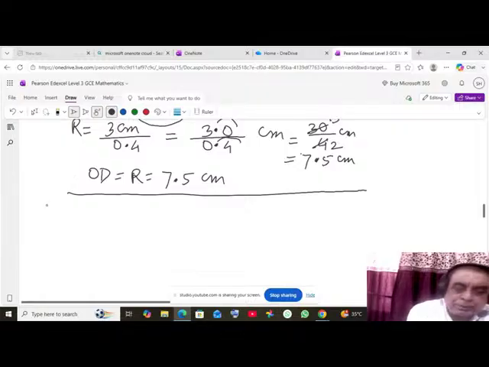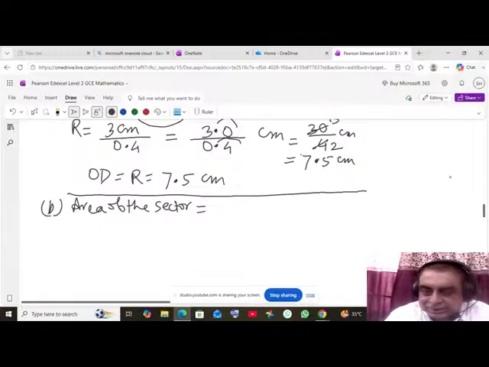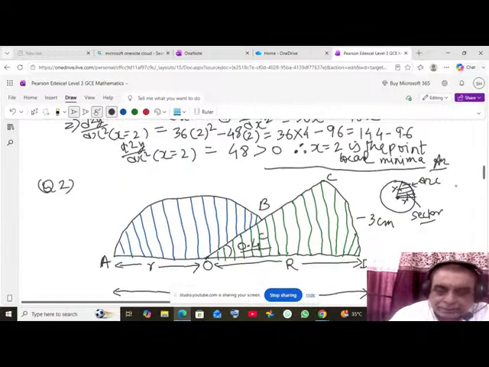The central angle is the angle made by the two radii.